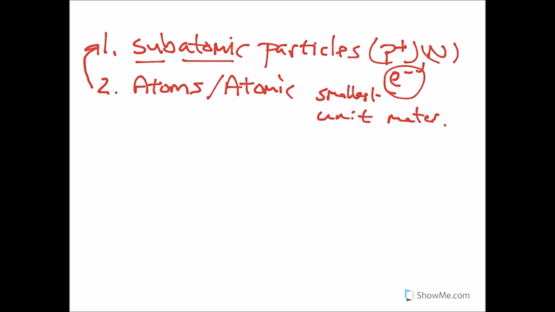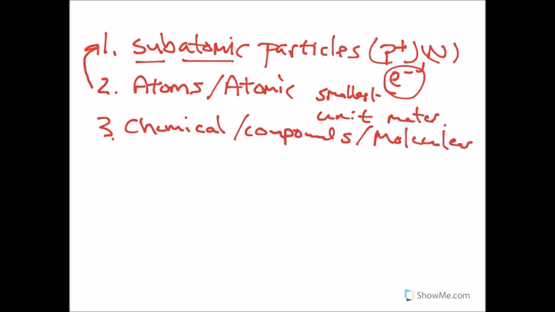Now, if I were to take these guys and then bond some atoms together, I can make the chemical level, chemical compounds, we might call these, or also molecules, right? Molecular level. Now, this is 2 or more atoms bonded together. Now, there are ways to discern compounds from molecules. We'll talk about that later in another video.